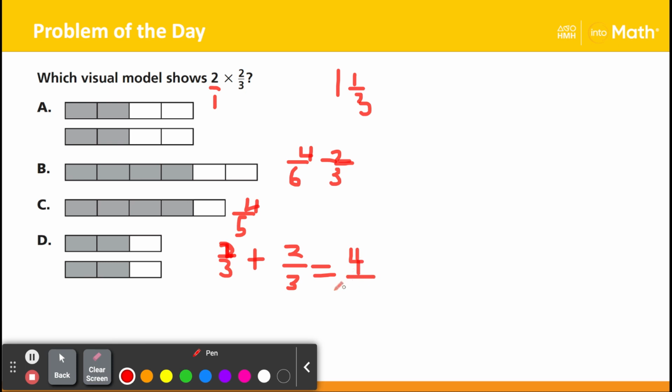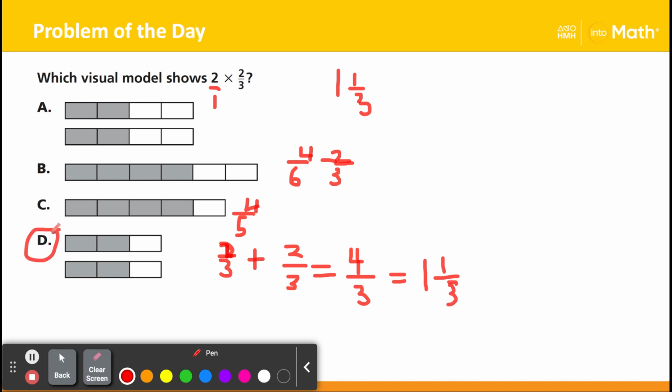So there it is. Reduce it. 3 going into 4 one whole time. 1 remaining. Keep your 3. So the answer would be which letter? Would be D. There we go.